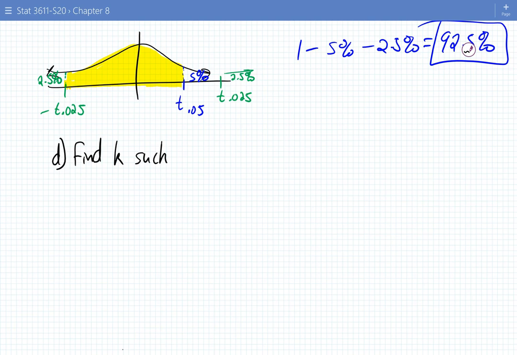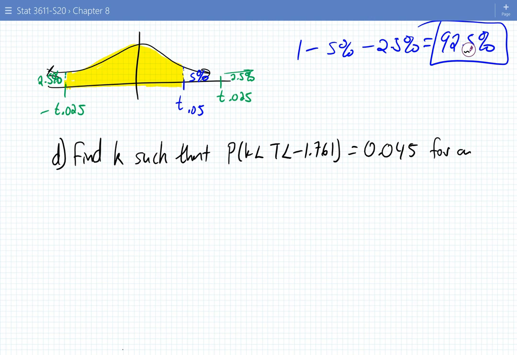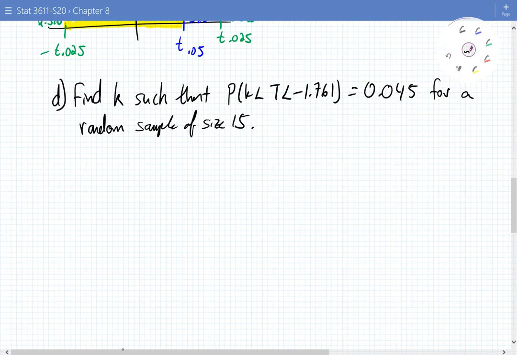Let's find a value of k so that the probability k less than t less than negative 1.761 is equal to 0.045 for a random sample of size 15.